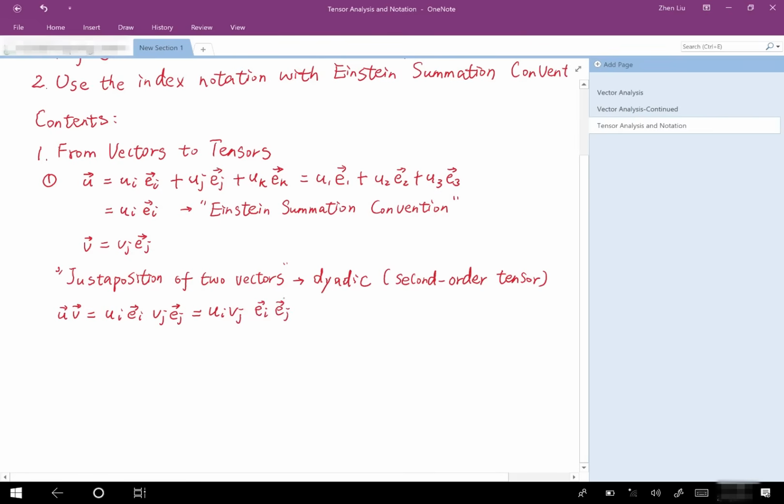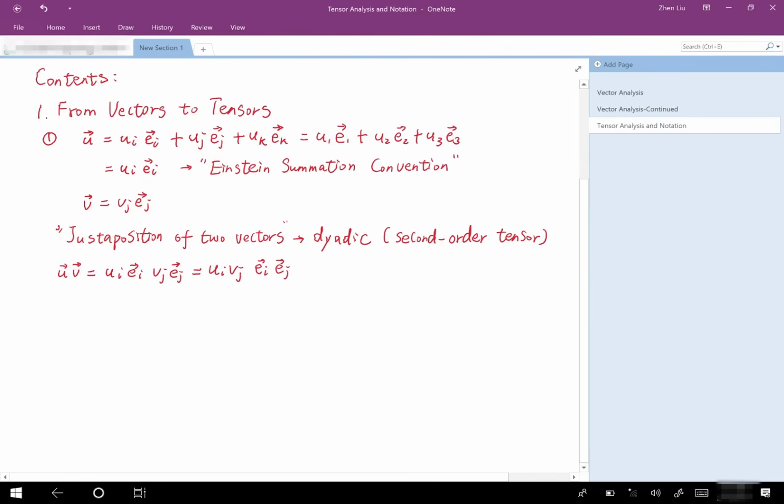So this is okay. And if you want to write the full notation, it's going to be like this. Again, from now on for full notation we use 1, 2, 3. So u_1 v_1, then e_1, we better use a different one.